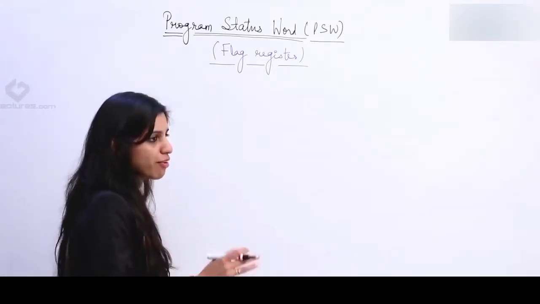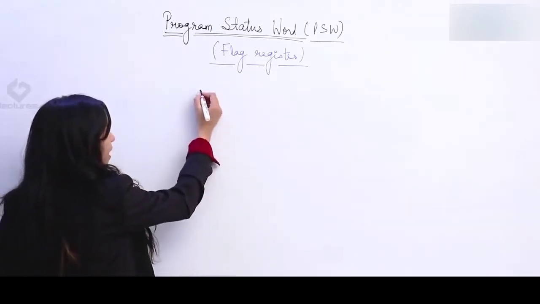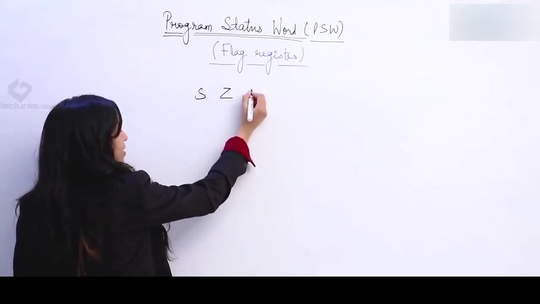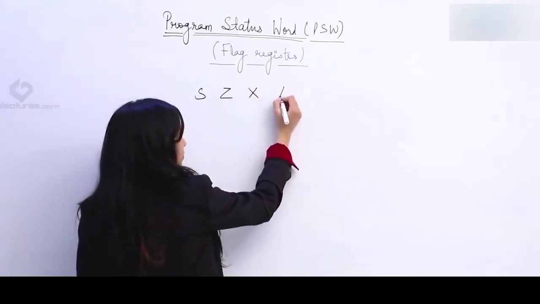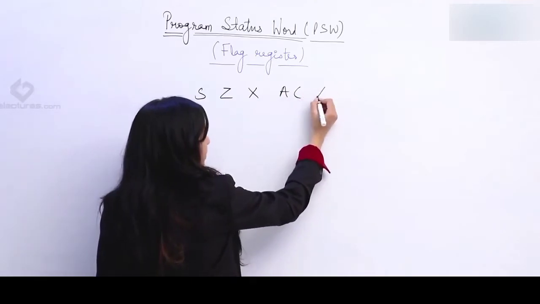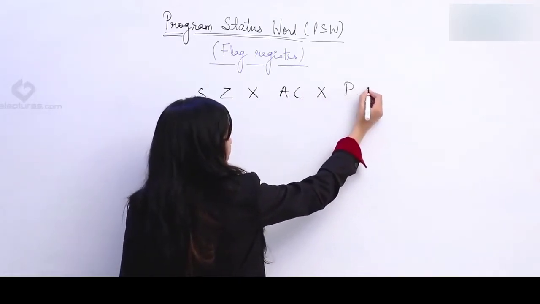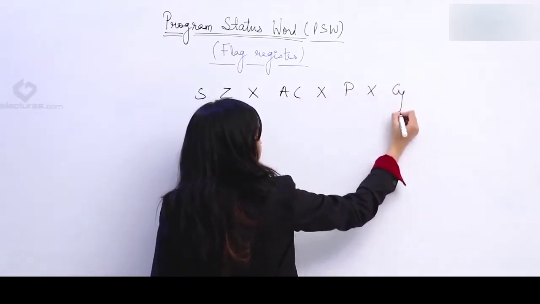So we are having 5 flags which are placed like this: S, Z, then this is don't care, auxiliary carry, don't care, parity, don't care, and carry.